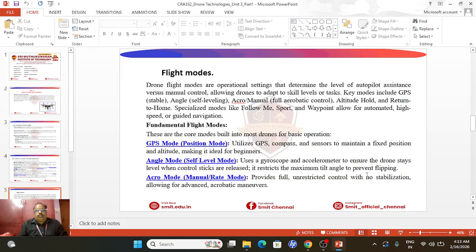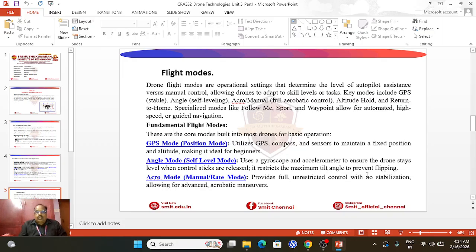Coming to the flight modes, we have GPS mode, angle mode, and acro mode. Drone flight modes are operational settings that determine the level of autopilot assistance versus manual control, allowing drones to adapt to skill levels or tasks. Key modes include GPS, stable, angle, self-leveling, and acro, manual, full aerobatic control.